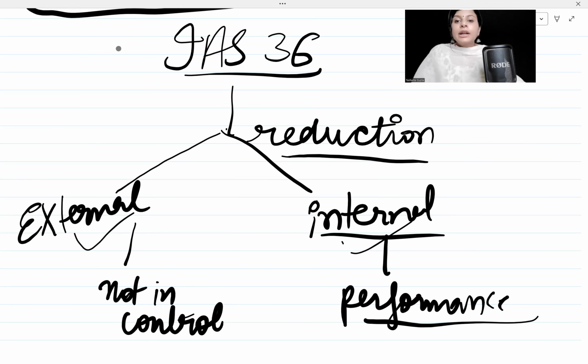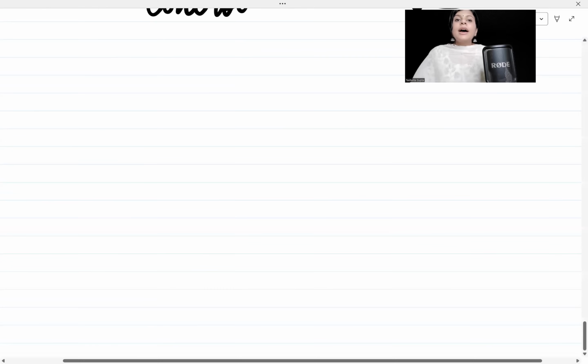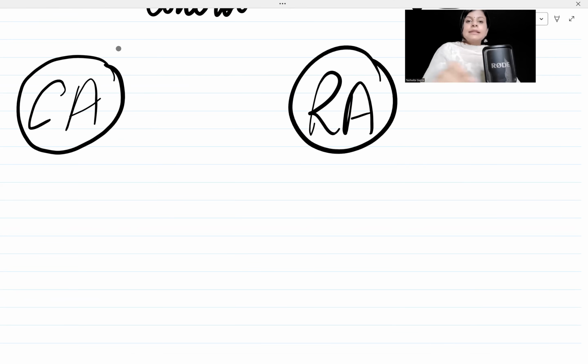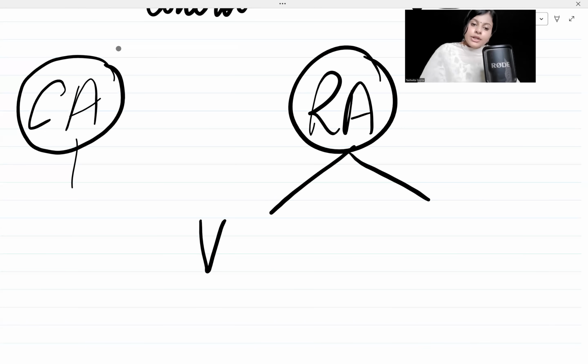Whenever there's an indicator of impairment, you need to conduct an impairment review, where you compare the carrying amount of the asset with the recoverable amount of the asset. The carrying amount is cost minus depreciation minus impairment. Recoverable amount is the higher of two: value in use and fair value less cost to sell.